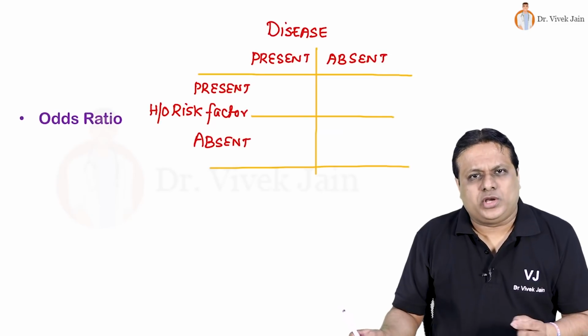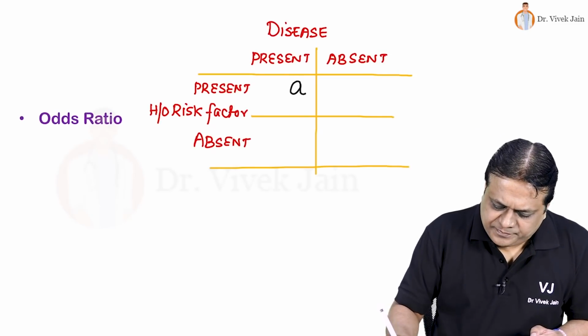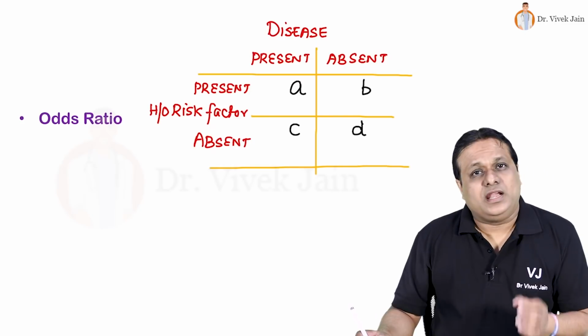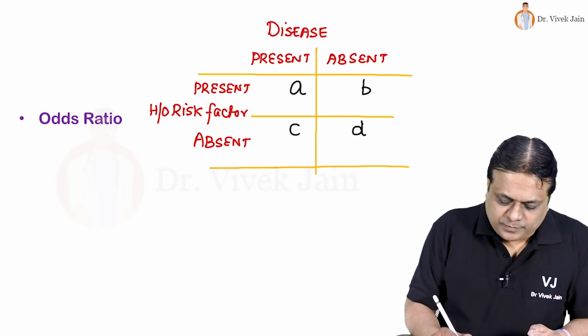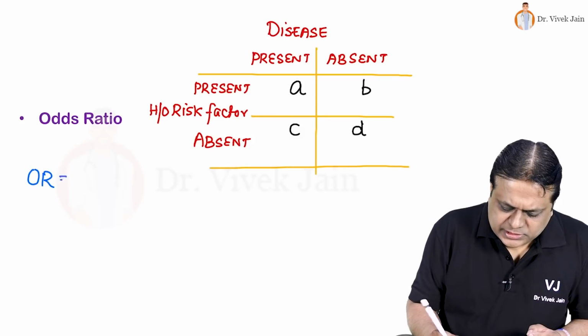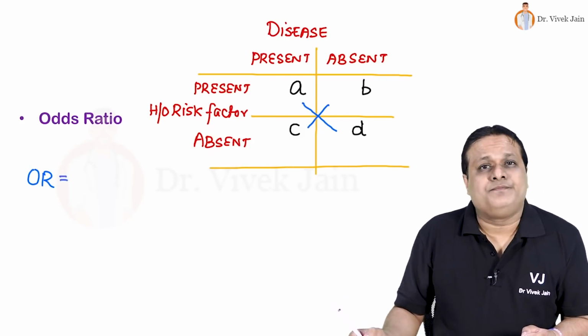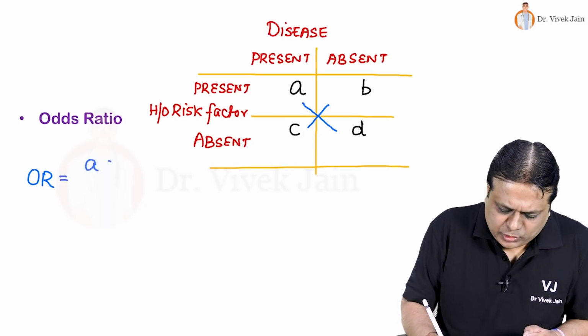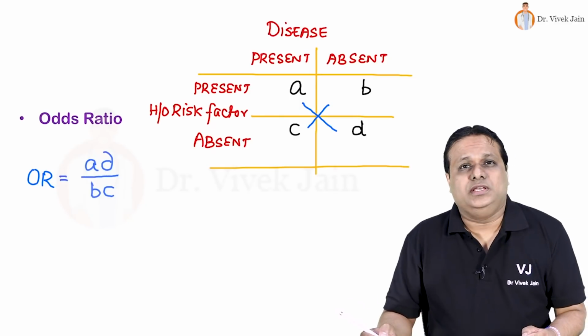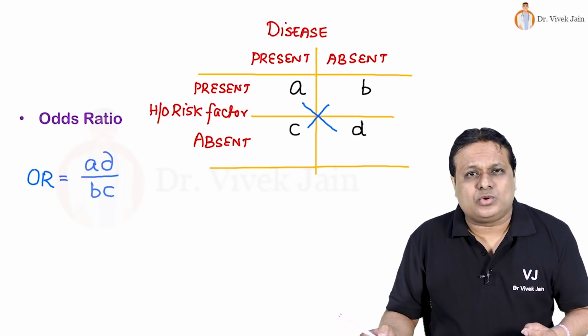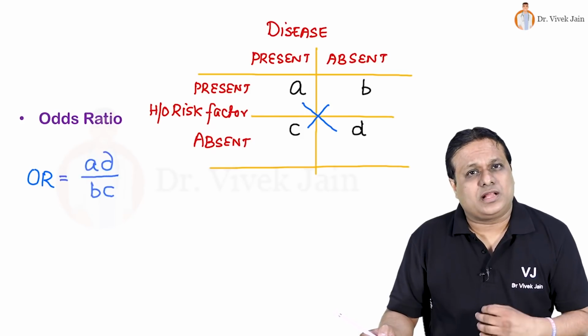In this 2 by 2 table, this is A, B, C and D. And how do we calculate odds ratio? Odds ratio is calculated as a cross multiplication, that is A into D divided by B into C, AD by BC. This is the reason odds ratio is also known as cross product ratio.